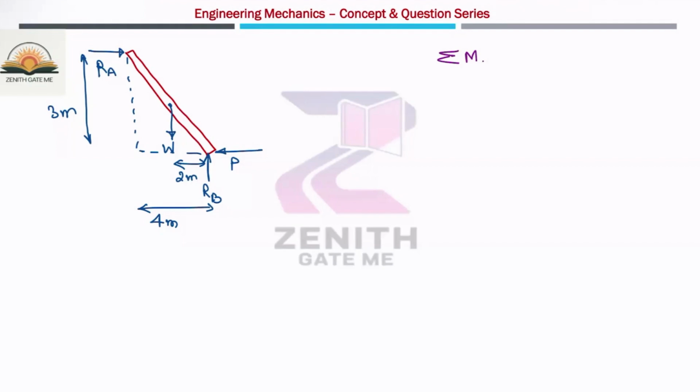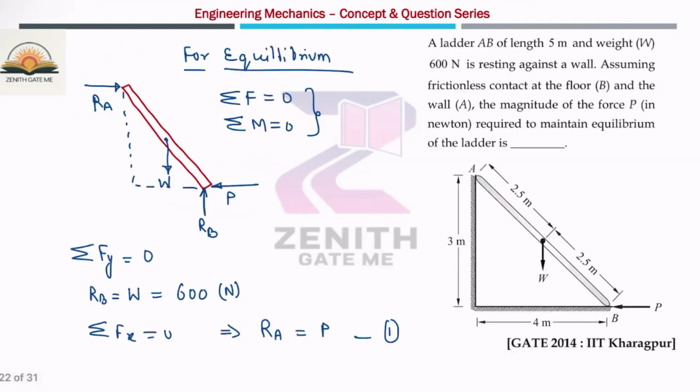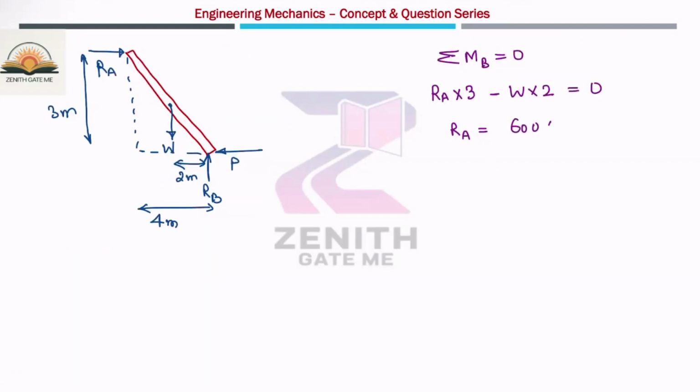So I'm taking the moment about B is equal to 0. So what are the forces which will create the moment? One is W and another will be RA because I'm taking the moment about point B. So RA into 3, which is in clockwise direction, minus W into 2, which is in anti-clockwise, is equal to 0. So from here, you can calculate the RA value because the weight of the ladder is already given, 600 Newton. So this is 600 into 2 divided by 3. So RA value is 400 Newton.